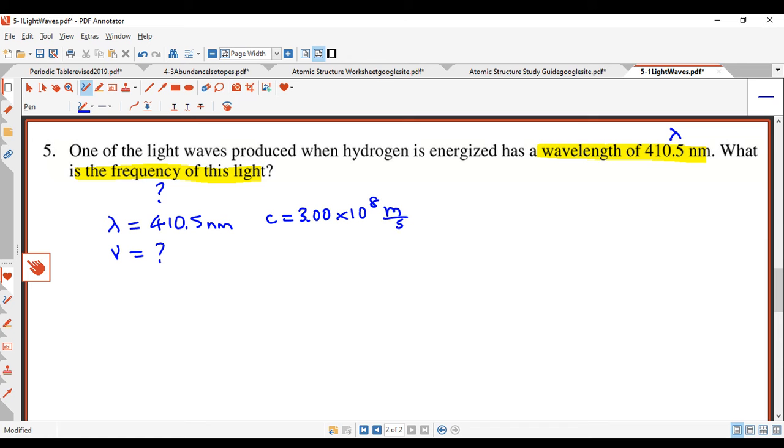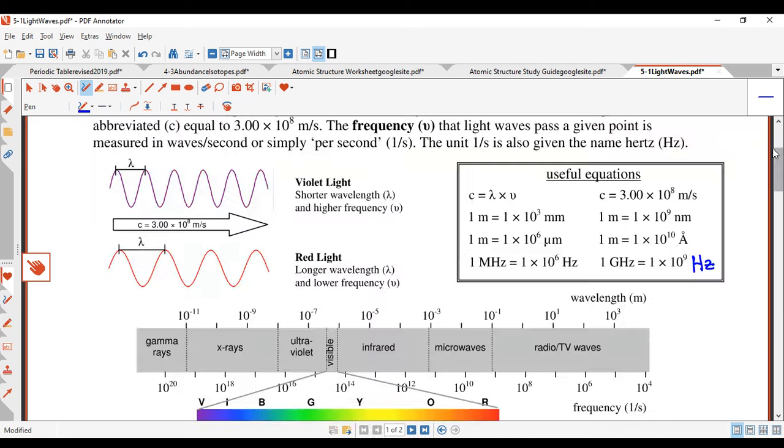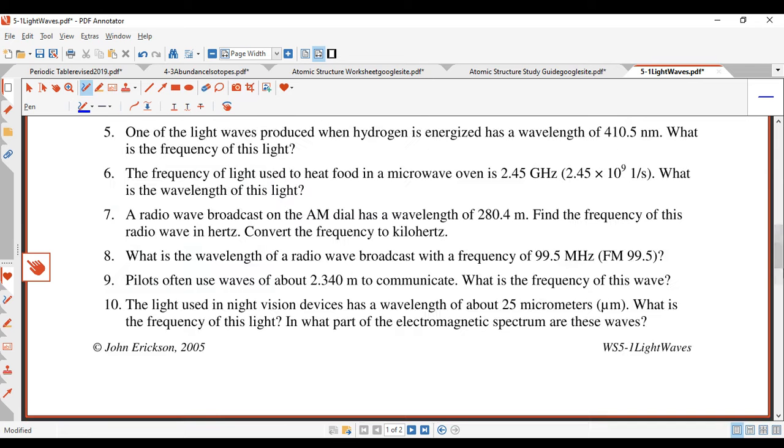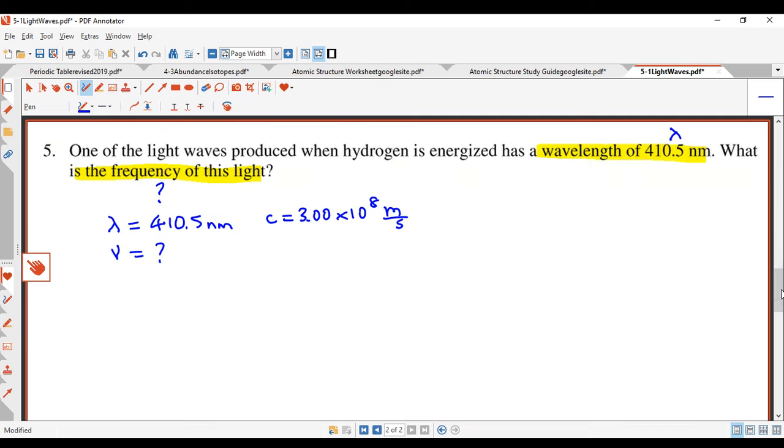When you notice we have nanometers, we need to go to the previous page and go to the box, and we see that there's 10 to the 9th nanometers in a meter. So let's go back down to our problem. We want to first convert that 410 nanometers into meters. So we have 410.5 nanometers over 1. Since we have nanometers here, remember we're using conversion factors.